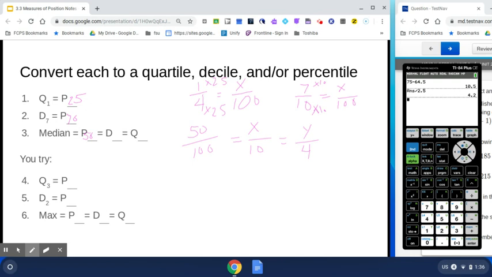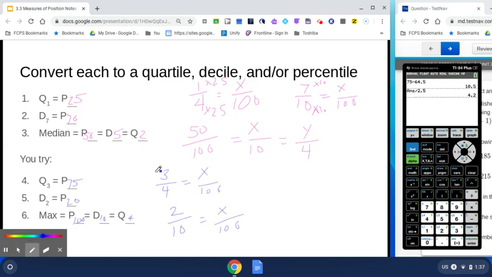That's 5. And what's half of 4? That's 2. Okay, so the median is equivalent to the 50th percentile, the 5th decile, and the 2nd quartile. Okay, pause the video here and see if you can find the answers to numbers 4, 5, and 6.